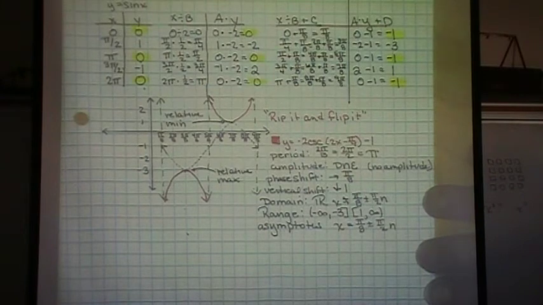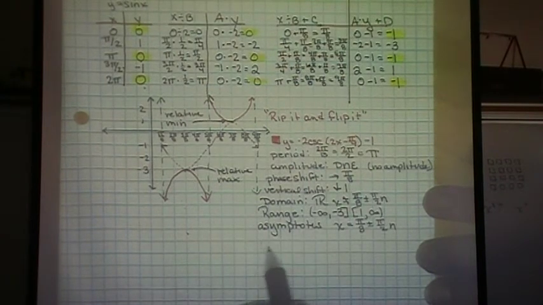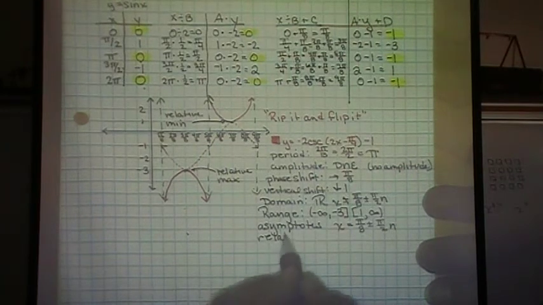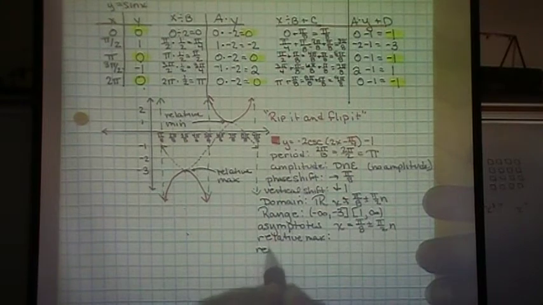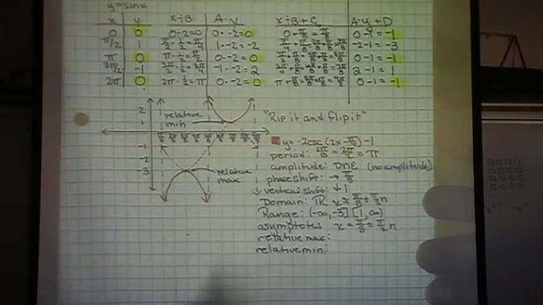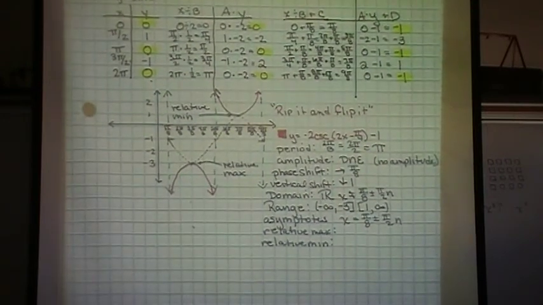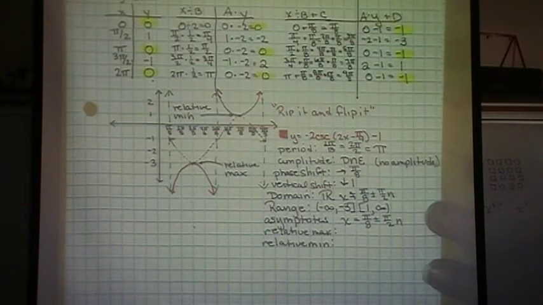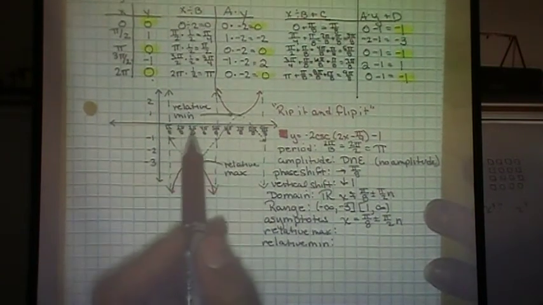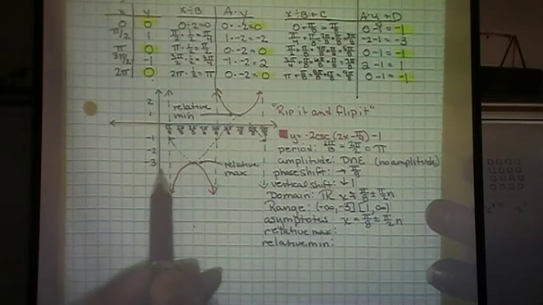It's quick and simple. The last thing we're going to talk about with this one is relative max and relative min. We have those with this graph, so we're going to include them. Well, my max is at 3 pi over 8 comma negative 3.